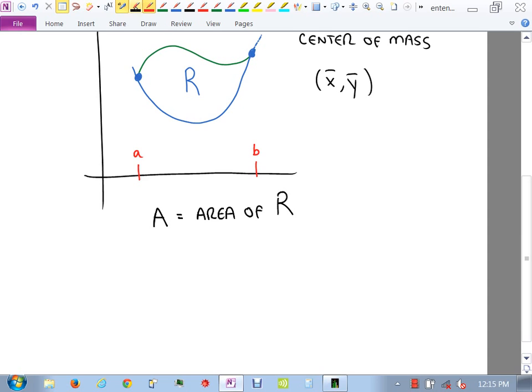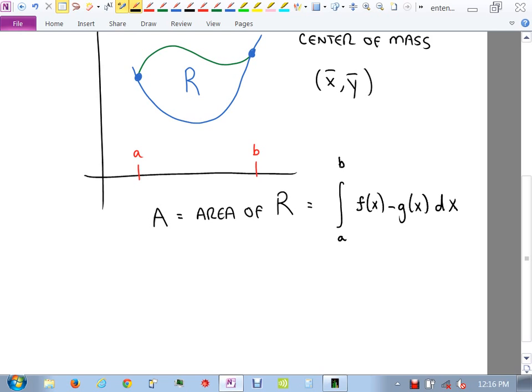The area of R would be the integral from a to b of f of x minus g of x dx. So in order for you to even be able to find the center of mass, you first have to be able to find the area of the actual region. Okay, that's the first thing.